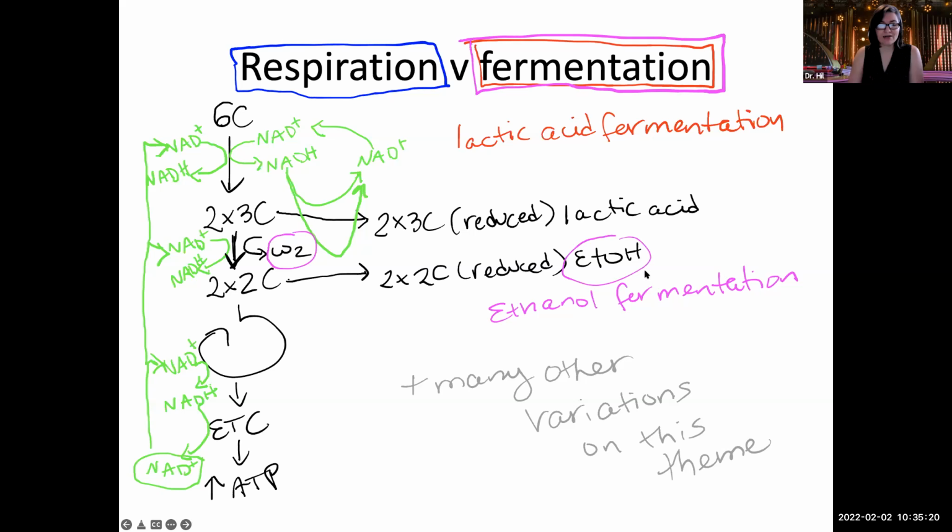This is known as ethanol fermentation. Now, there's not just these two options. There are all kinds of fermentations producing various types of acids, organic solvents, or alcohols. It just depends on which enzymes are present in that particular microbe to go the next step after glycolysis has happened.